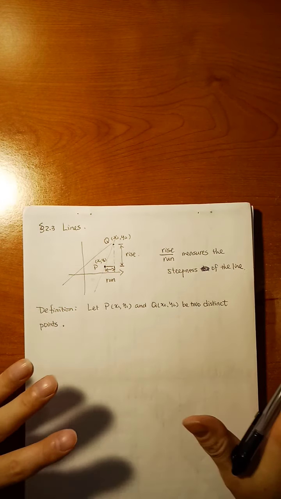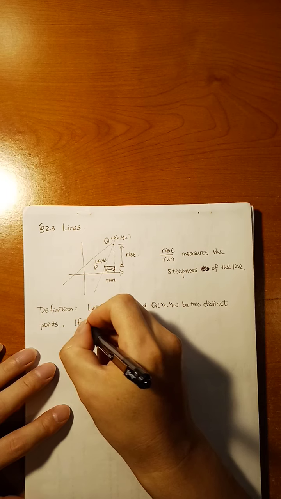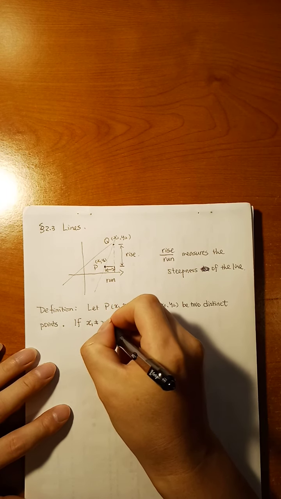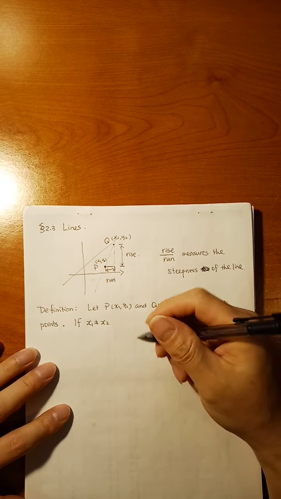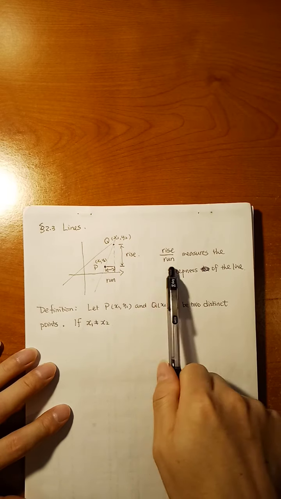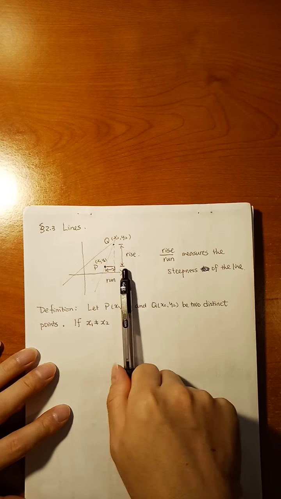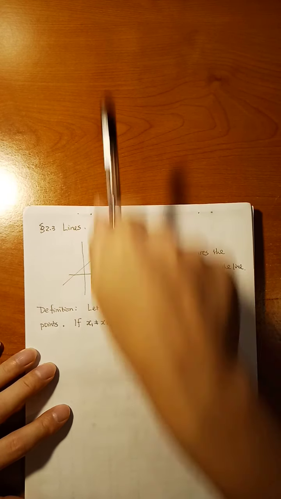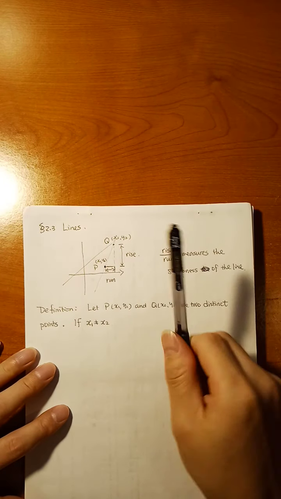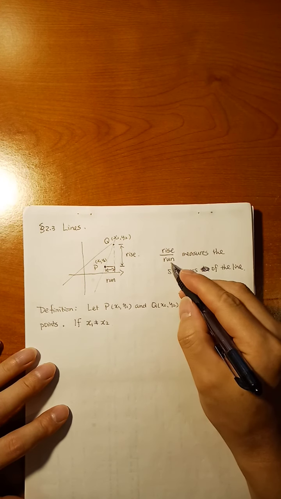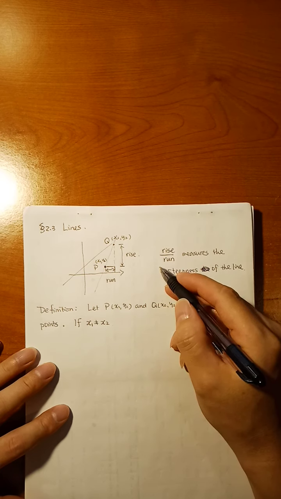Okay, so two different points. And if x1 is not equal to x2, what does it mean? It means you really have a run. If x1 is equal to x2, then there's no run, just totally rise. Then we cannot define the slope. Why? Because the run cannot be 0, it's a denominator.